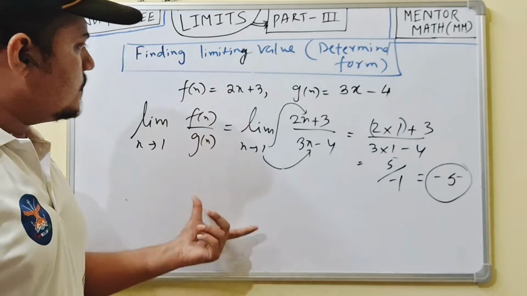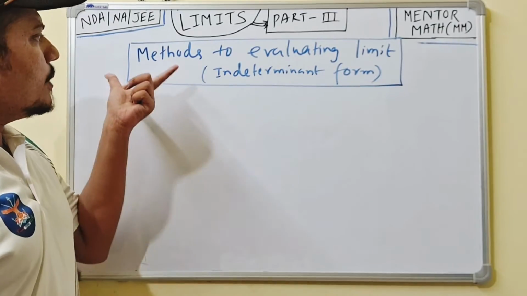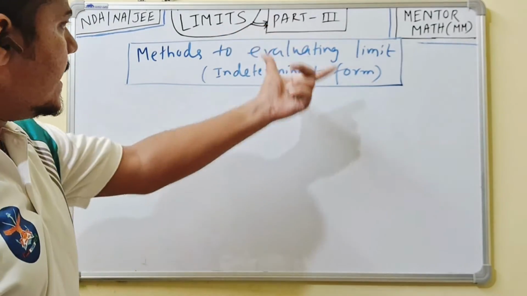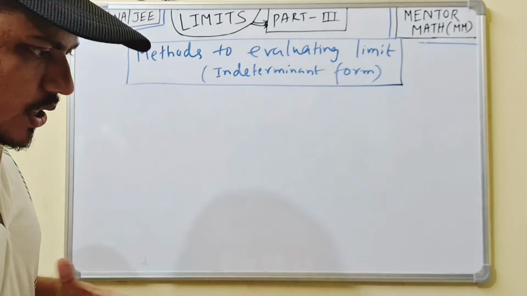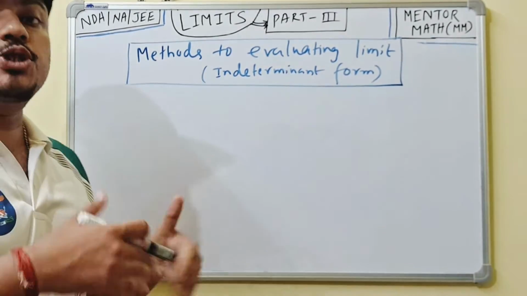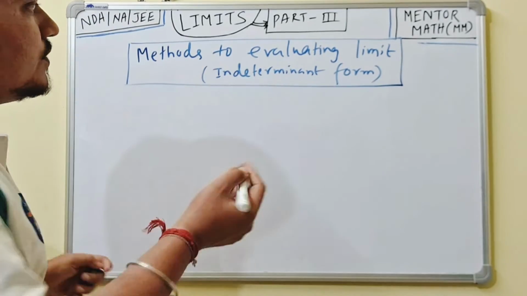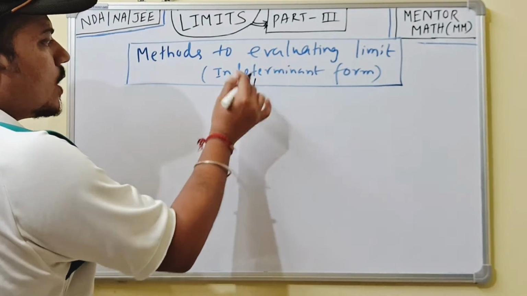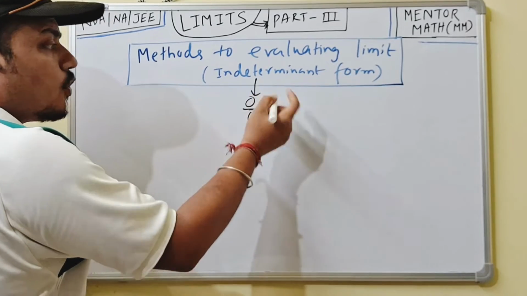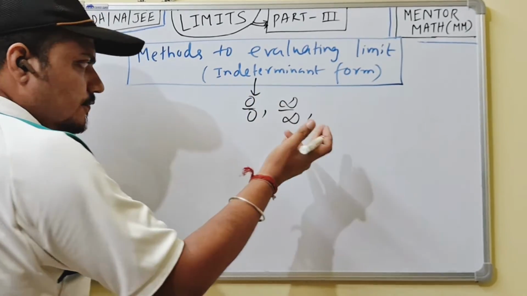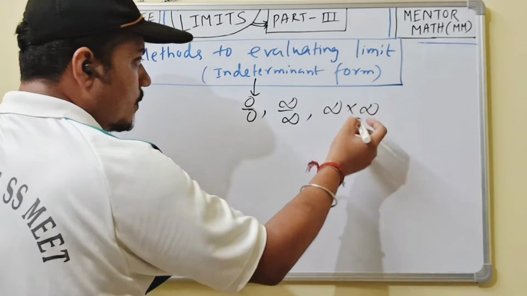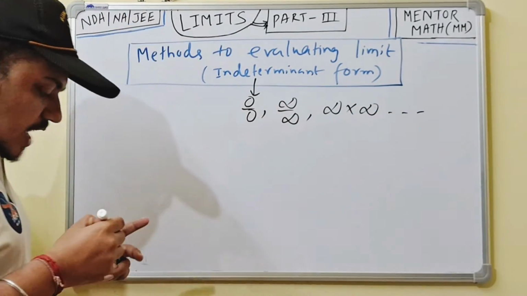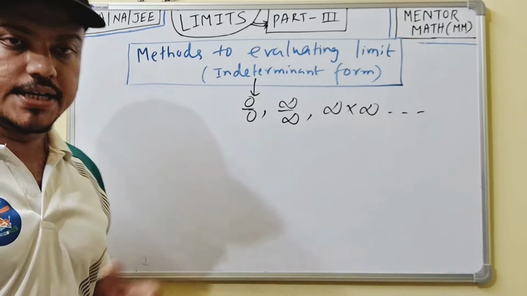Okay, copy please. Now we come to the methods of evaluating the limit value in an indeterminate form. If the quantity gives a 0 by 0 form, an infinity by infinity form, an infinity into infinity form, and so on, then this type of form is called an indeterminate form.